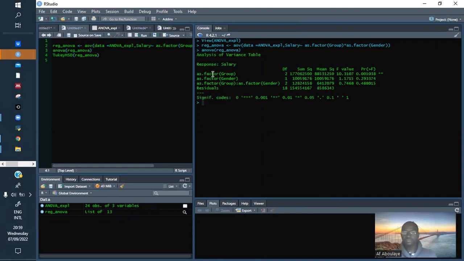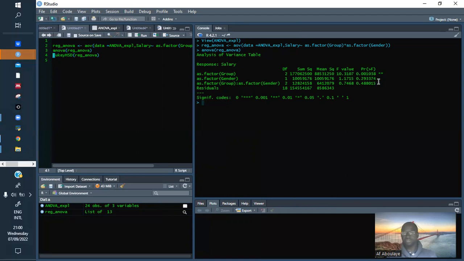As we can see, we have group, we have gender, and we have the interaction of them. But from here, we can see that it's only group which is significant. R also helps show those variables which are significant by bringing stars. Wherever we see stars, behind 1, 2 or 3, that means the variable is significant. Only group is significant.